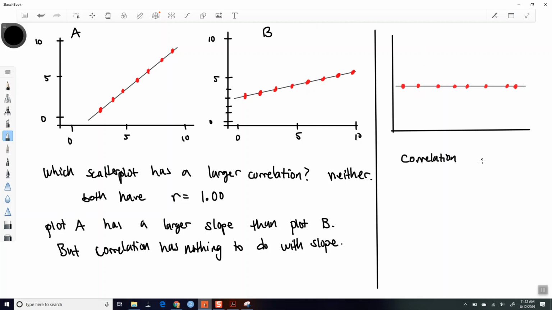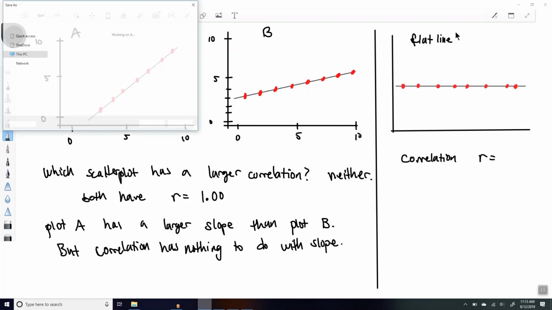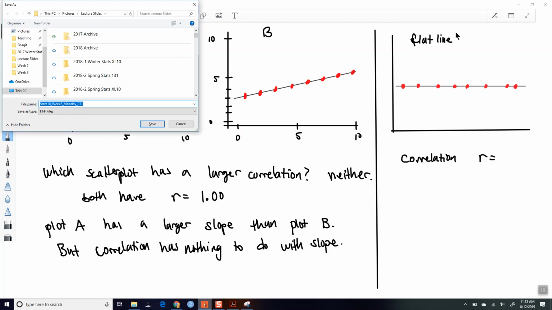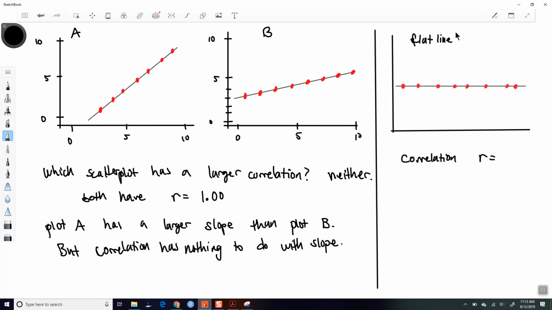This is a flat line. What's the correlation in this plot? And you guys tell me. 1.